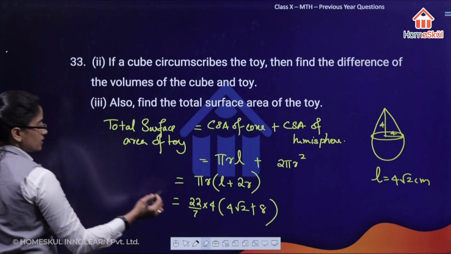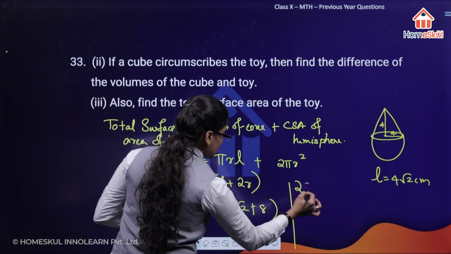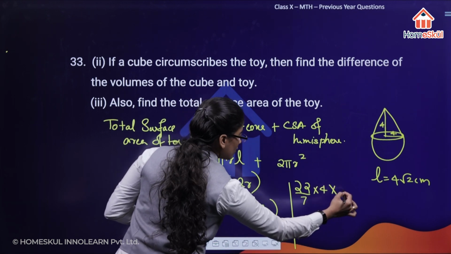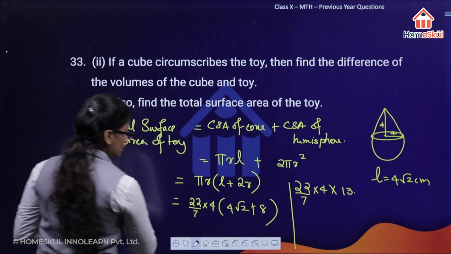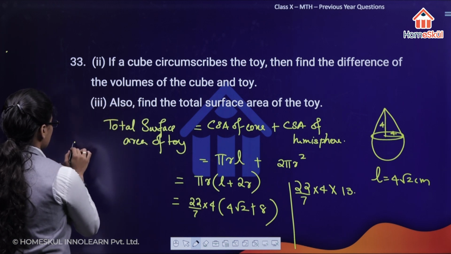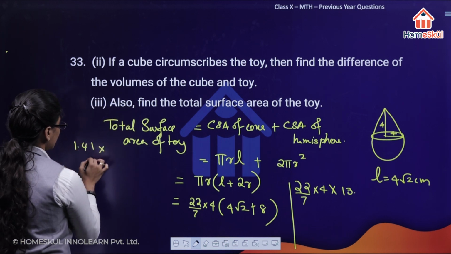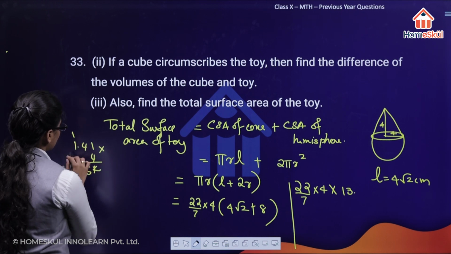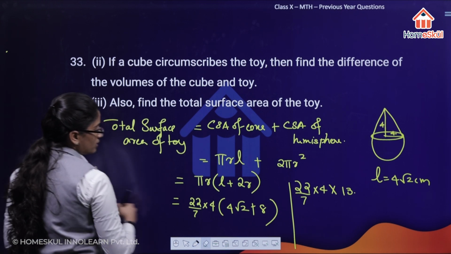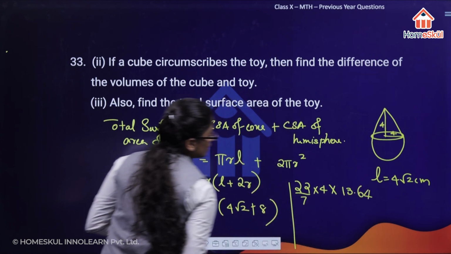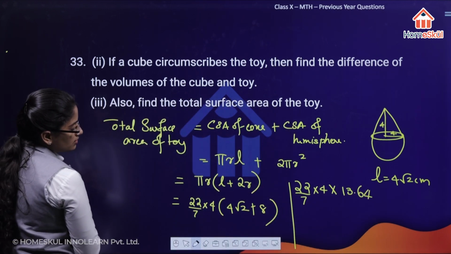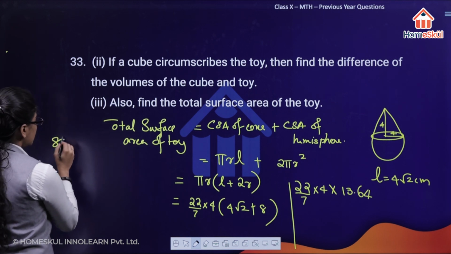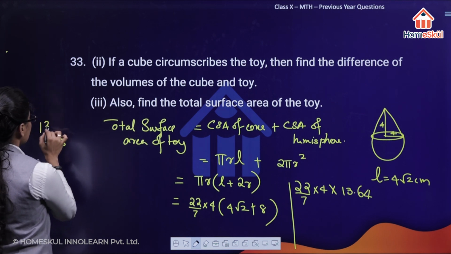So, 22 by 7 into 4 into 13.64. Okay, then nothing to simplify. It is 88 times 13.64.